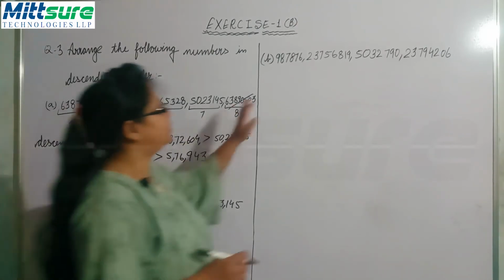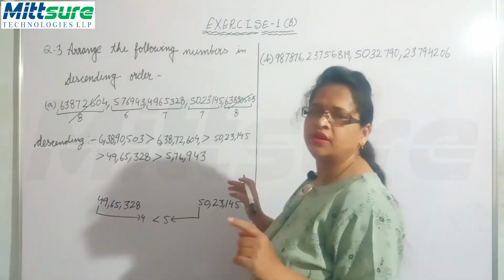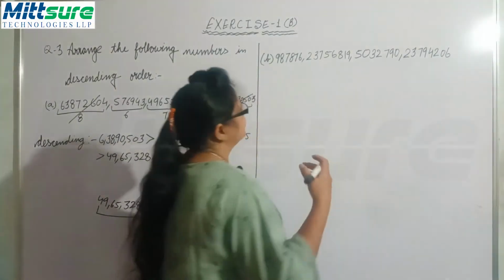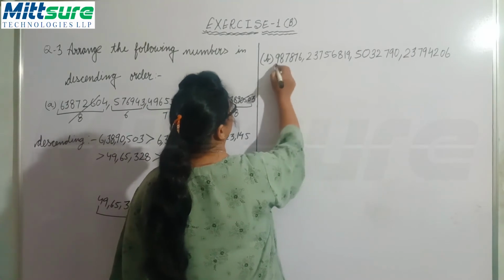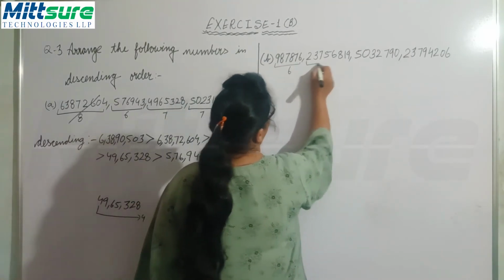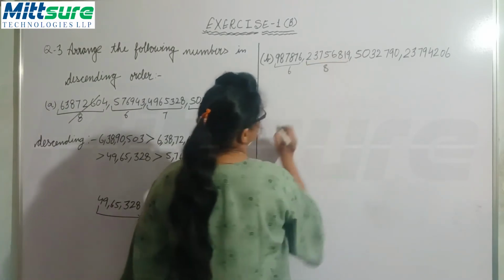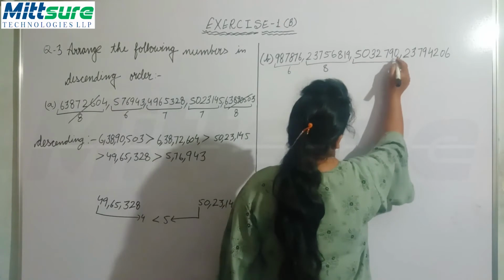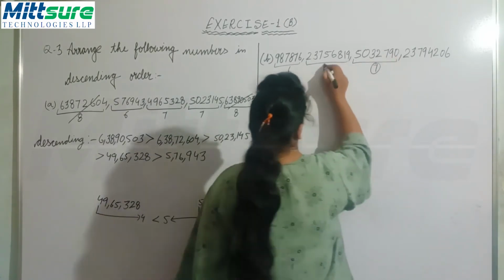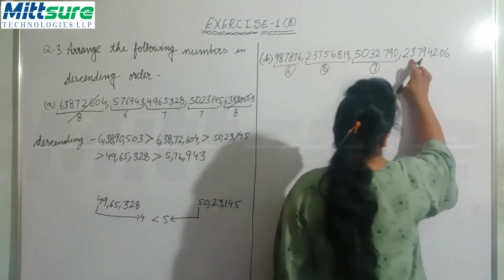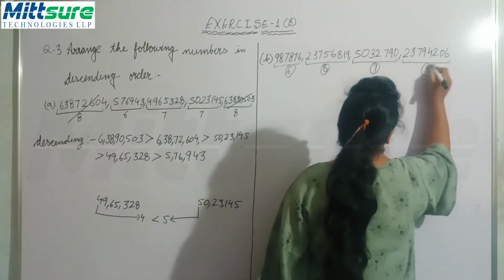Now number B is here. Again we search which number has how many digits. This number has 6 digits, this has 8 digits, this has 7 digits, and this has 8 digits.